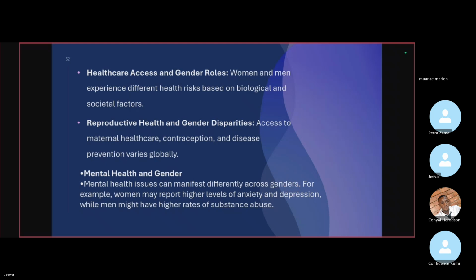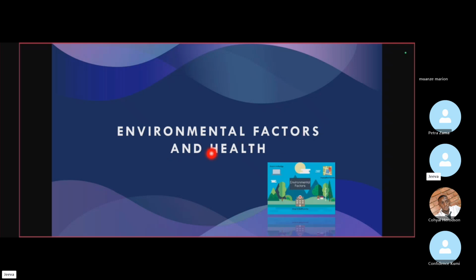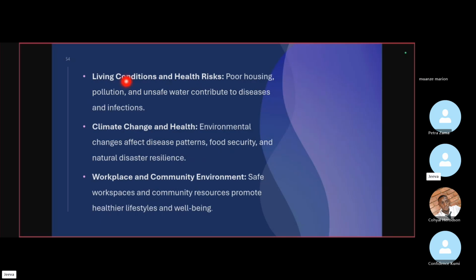Yes. Okay. Next is how environmental factors can affect health. The first is living conditions and health risk: poor housing, pollution, and unsafe water contribute to diseases and infections.